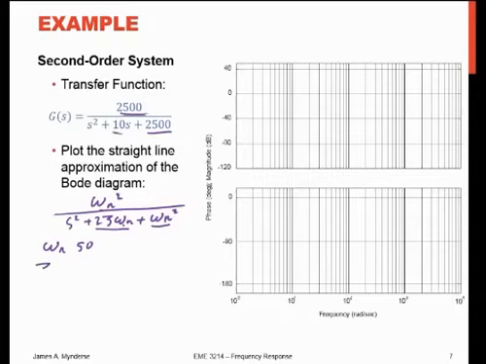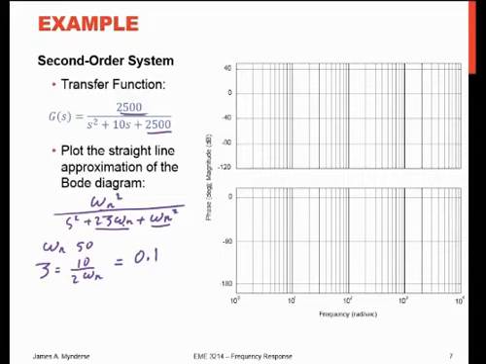So zeta equals 10 over 2 omega n, and that comes out to be 0.1. My gain is 1, because I just have the omega n squared in the numerator and the denominator. And again, I could use the final value theorem: as s goes to 0, I'm left with 1. So that'll get me started.